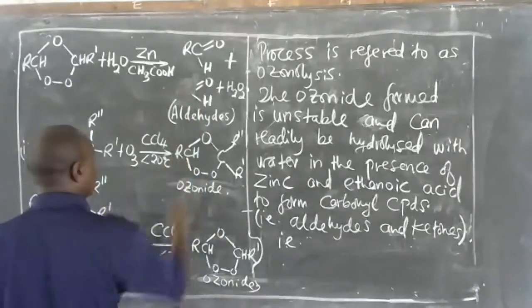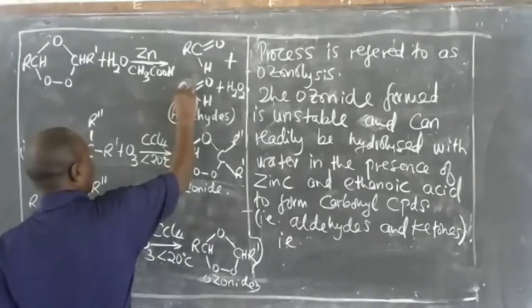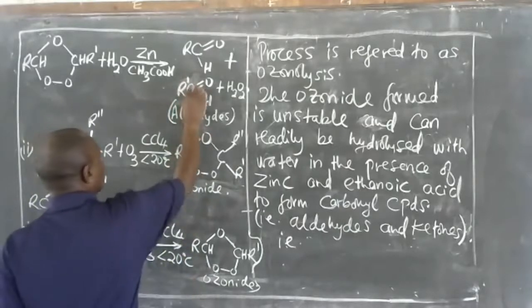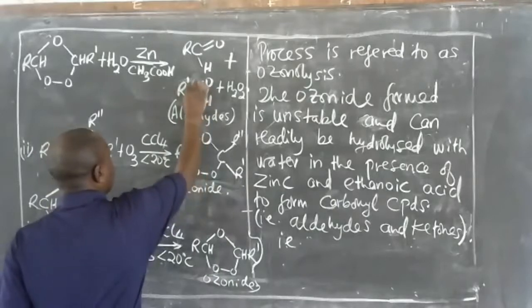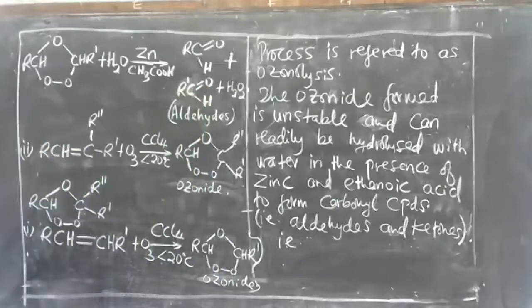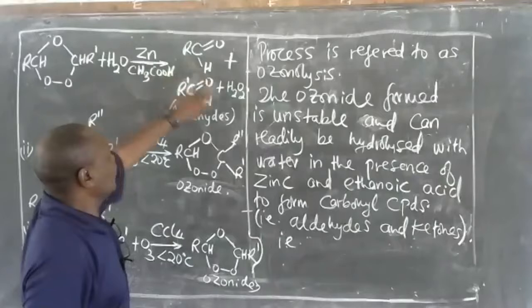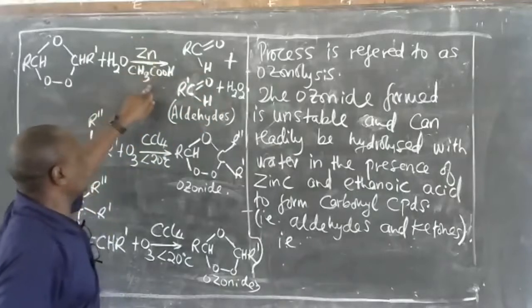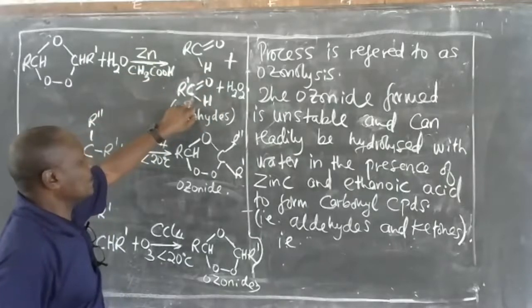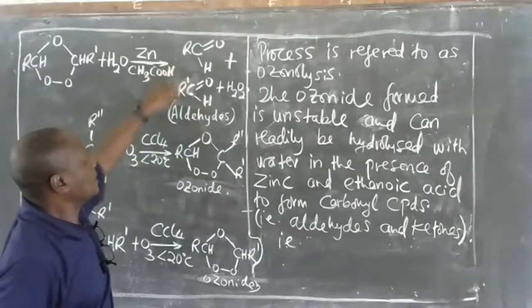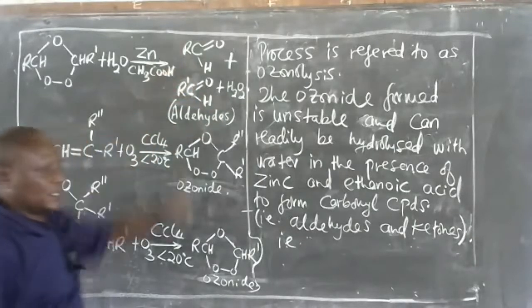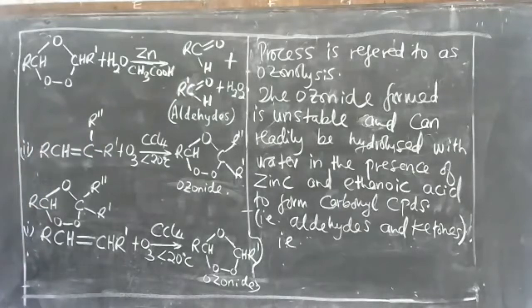Thank you, R, then you have C. There's a carbon there. So that's the first example. But we are saying that if you don't put zinc and then ethanoic acid, this one will further undergo oxidation to give RCOOH, R prime COOH. We shall explain that one later.